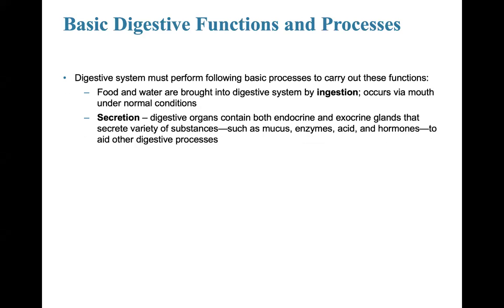These secretions could be involved in starting to digest the food product into more basic nutrient classes. But the secretions could also be something like mucus, which helps keep food moving along the GI tract by creating a lubricant for that to occur.